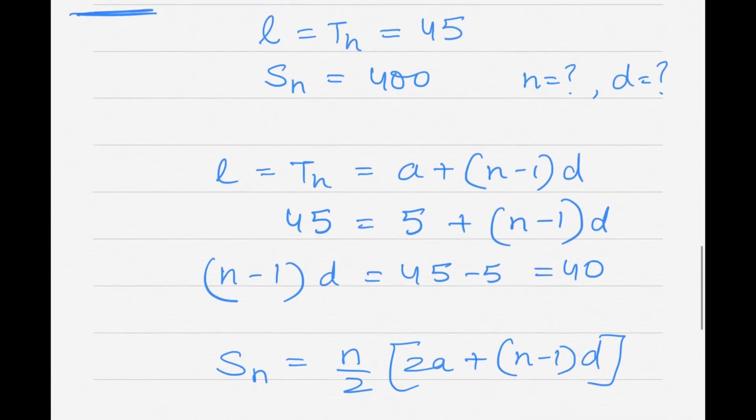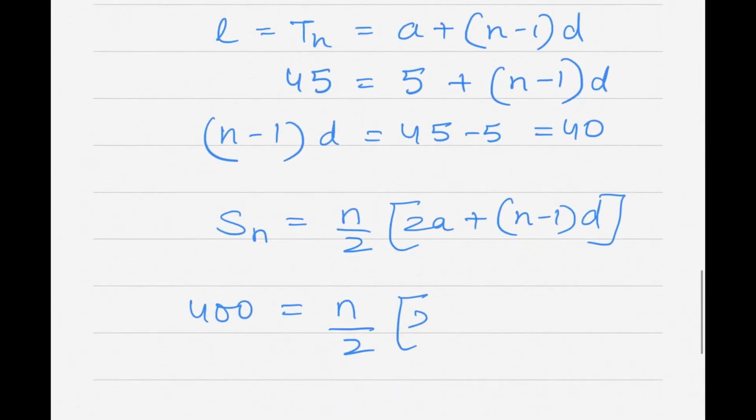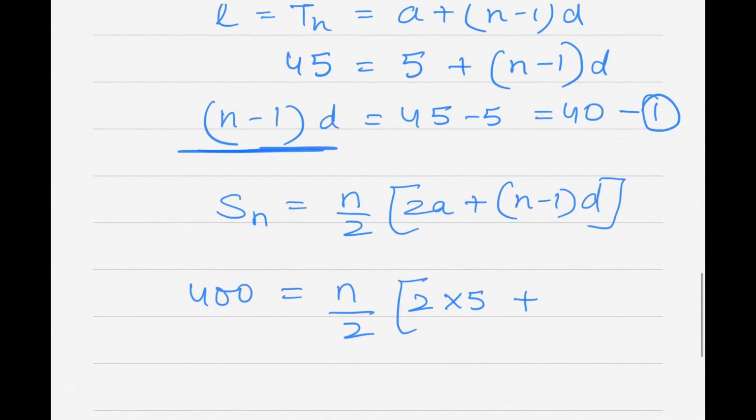So my a is 5. So 2 into 5 plus. Now I see that in my previous equation, right, this I can substitute n minus 1 into d as 40. So I'll substitute here this as 40, from 1.